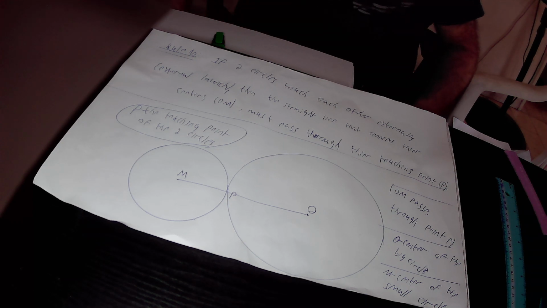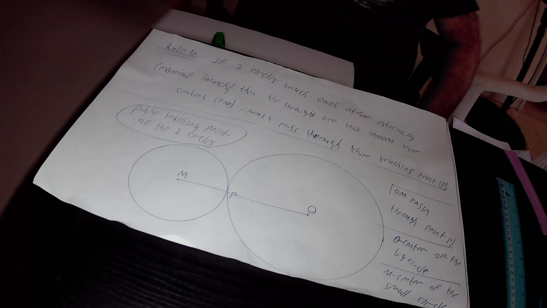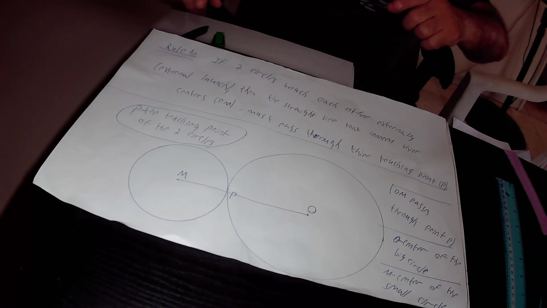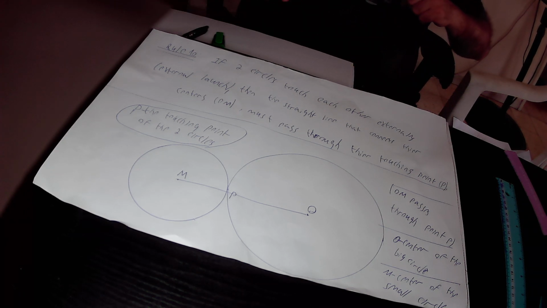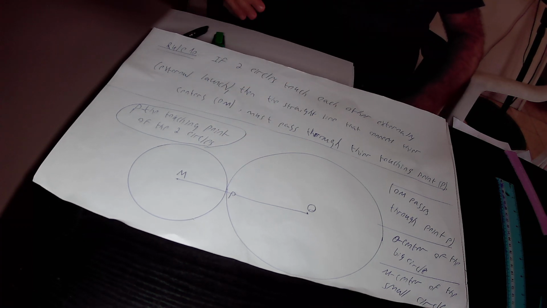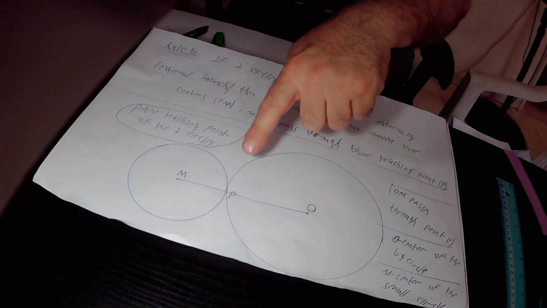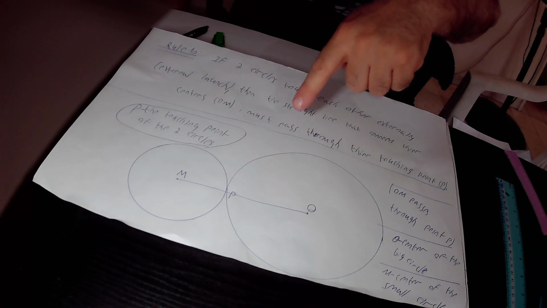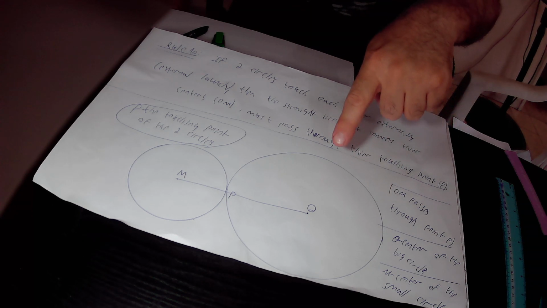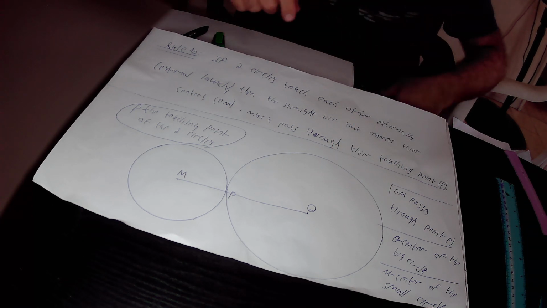According to rule 10, if two circles touch each other externally, then the straight line that connects their centers together must pass through their touching point. In the drawing, we have two circles and they touch each other externally at this point P. Here the center of this small circle is at point M. The center of this big circle is at point O. And the straight line that connects the centers together is the straight line MO.